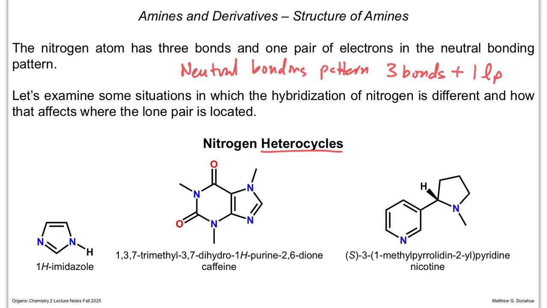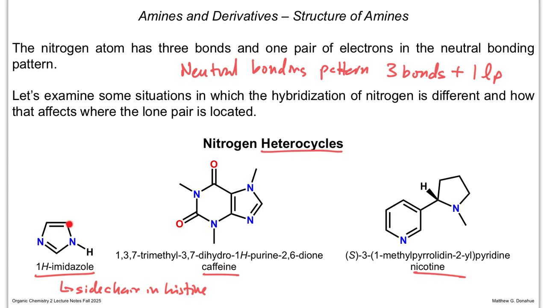Here we have imidazole, caffeine, and nicotine. Why is imidazole on there? As we'll see later this semester, it's part of the side chain in the amino acid histidine. Imidazole has 2 nitrogens.